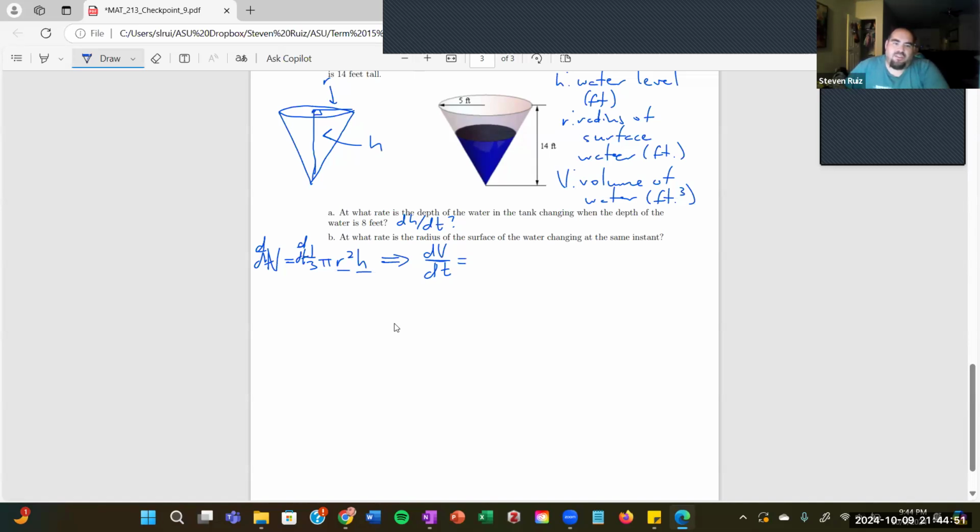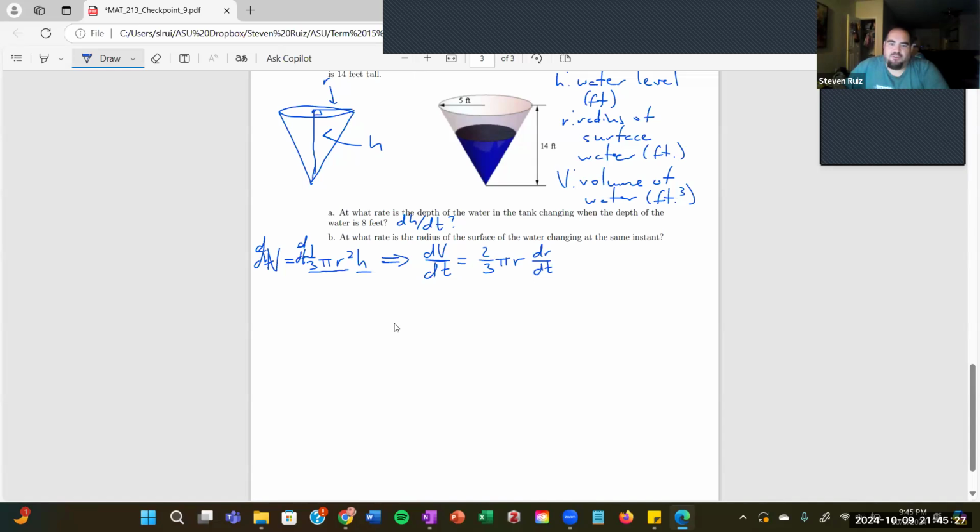I need to find the derivative of this first function. Let's do this: I'll absorb 1/3 pi. So my first function is 1/3 pi r squared. What's the derivative of that? Just like we did a couple times before, I take the derivative of the outer function with respect to r, so that'll be 2/3 pi r, but then I multiply that by dr/dt.